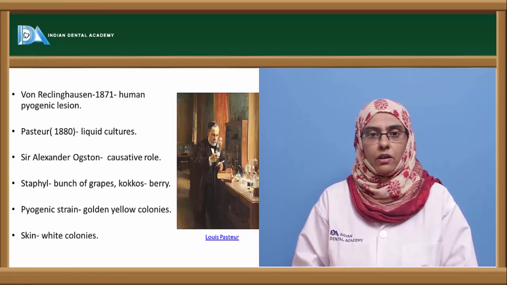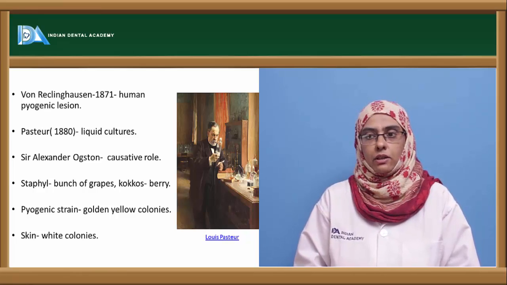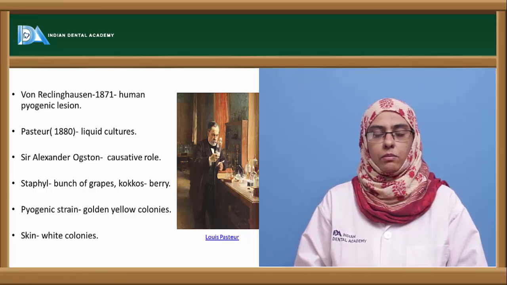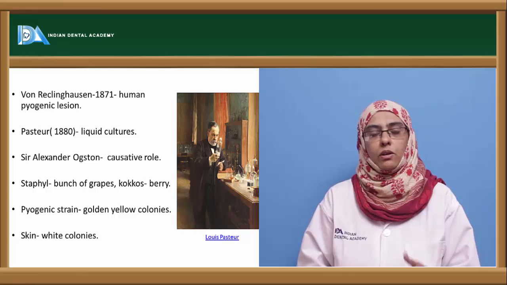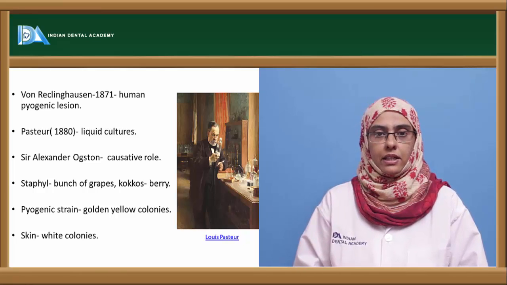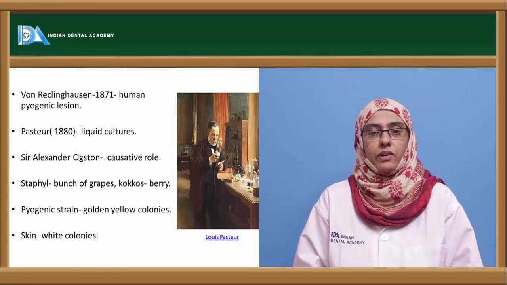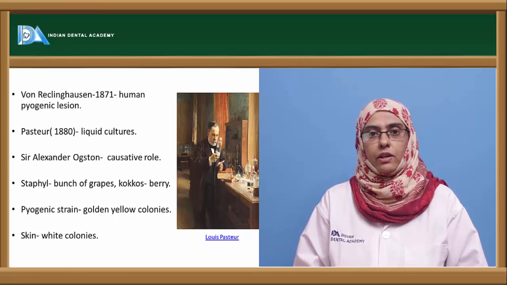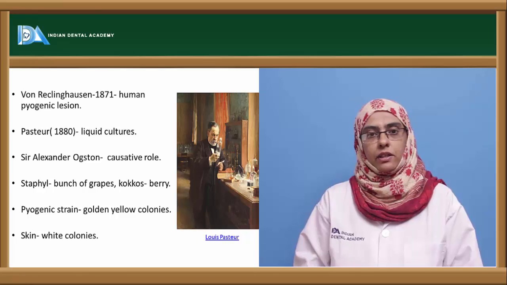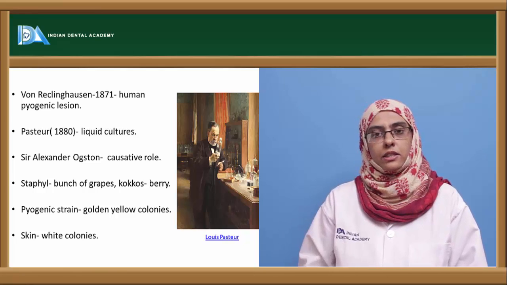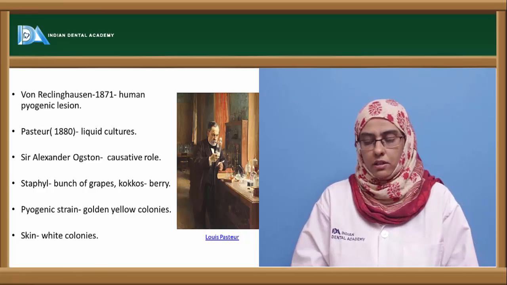Staphylococcus aureus produces yellow colored pigments on normal media, and albus, which is part of the normal human flora, produces white colonies. There is another group called Staphylococcus citreus, which produces lemon yellow colonies. But later on it was found that there is no relation between virulence and the colony pigment.